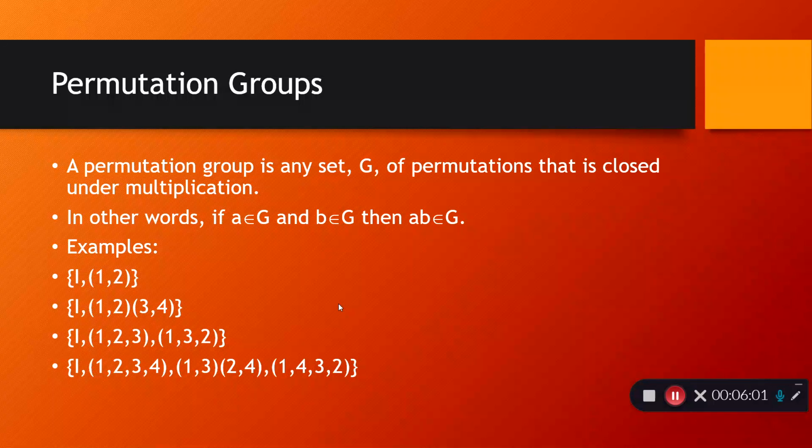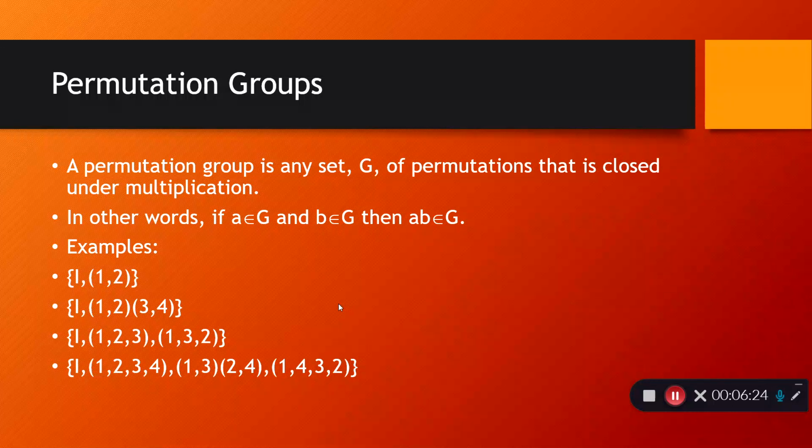Now, the fact that it's closed also implies that it must contain the identity element, and it must contain the inverse of every element. So every element that's not the identity has an inverse. Sometimes the inverse is the element itself. Like, for example, the permutation (1, 2) is its own inverse.